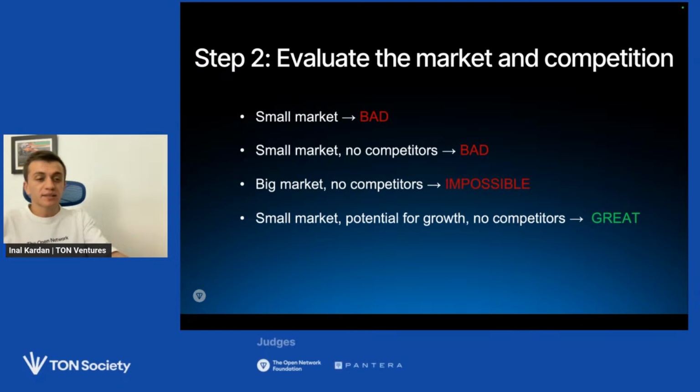The next case is a small market, but with potential for growth and no competitors. This is great. This is one of the best options that you can have as a founder of a startup. A small market is not a problem if there is potential for growth.